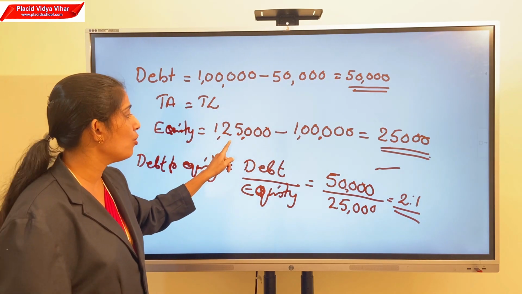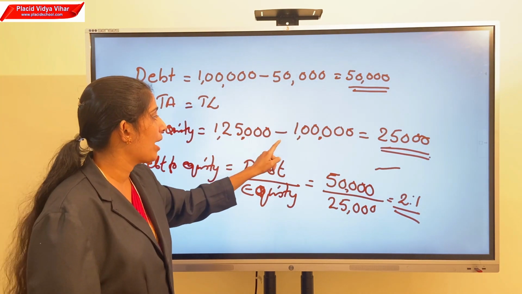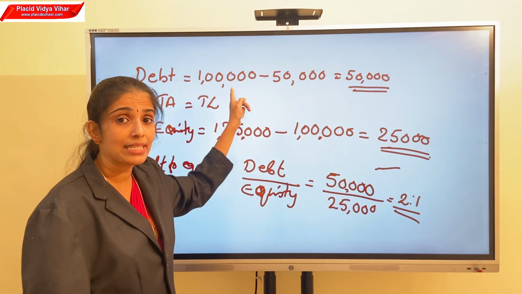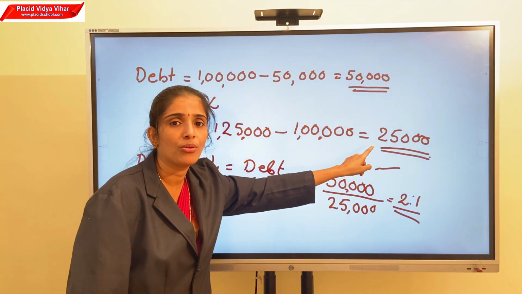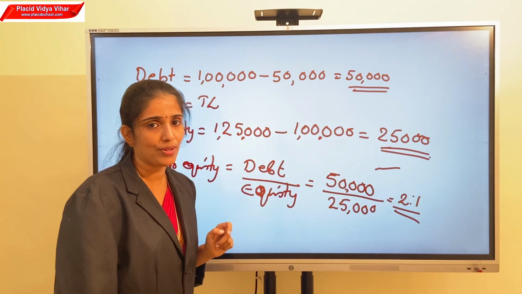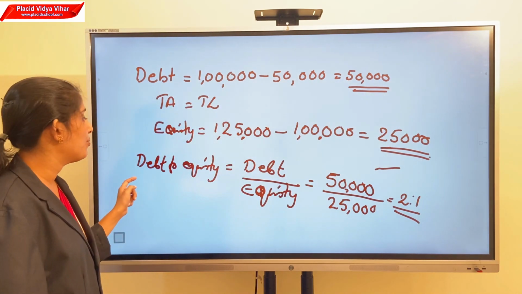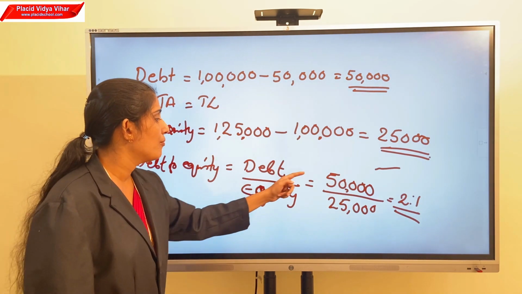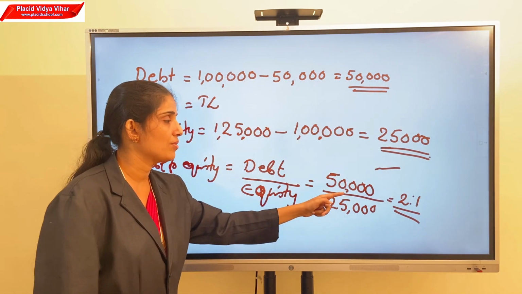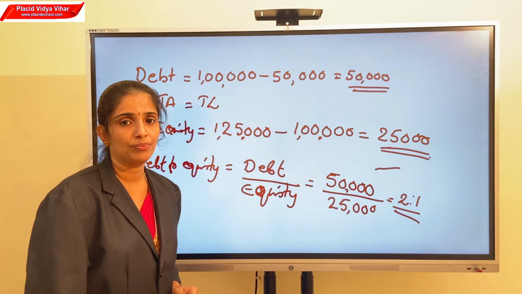Total liability value 1,25,000 minus the total external debt of rupees 1 lakh. Then the remaining amount, that is 25,000, is the equity value. Then debt to equity ratio equals debt divided by equity. 50,000 divided by 25,000 is 2:1.